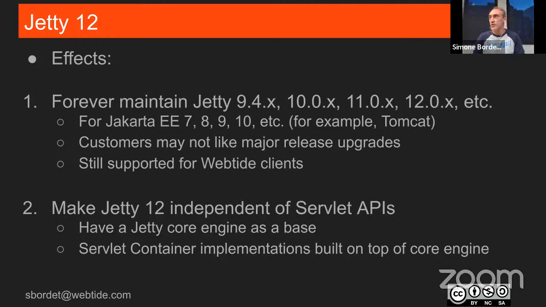If you want to deploy an EE9 application, you go for Tomcat 10. If you want to deploy an EE10 application, then you go for Tomcat 11. And you cannot just take Tomcat 11 and say, oh, everything goes there because it's backward compatible. It's not anymore.